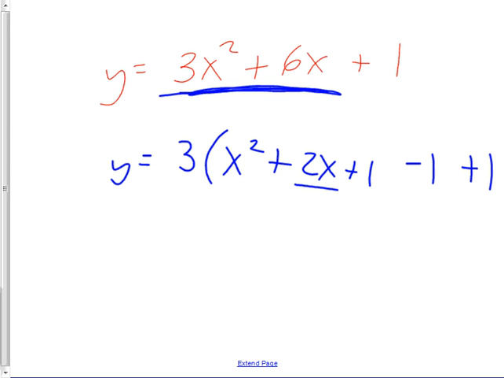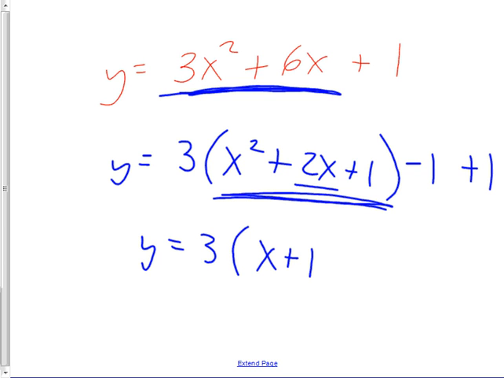And now this is an important part here. I think you know that this part here will factor and be a perfect square. So we have done something wrong, and I am not showing you what it is yet. So the 3 comes out, and then I have x plus 1 and x plus 1, and then this minus 1 and plus 1 will be plus 0.